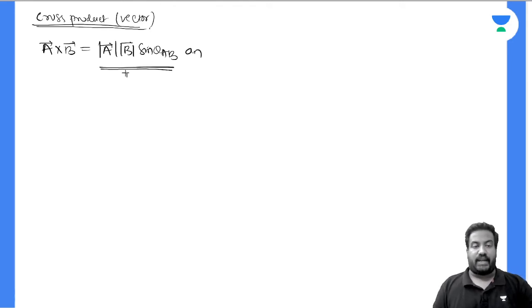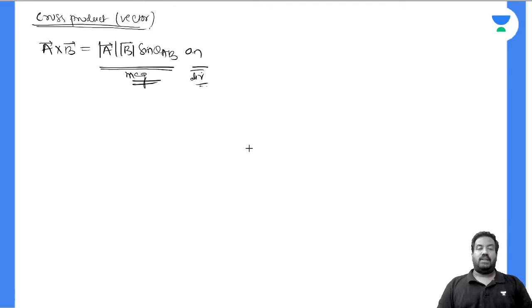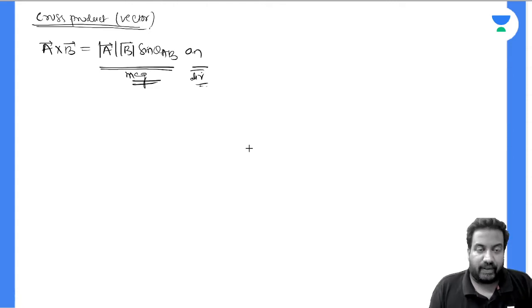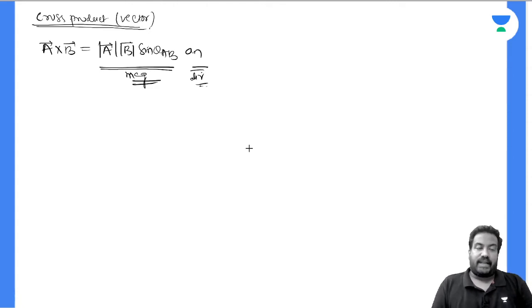Mod A mod B sin theta AB represents magnitude, AN represents the direction. This is the formula when angle is given, where theta AB is the small angle between A and B.